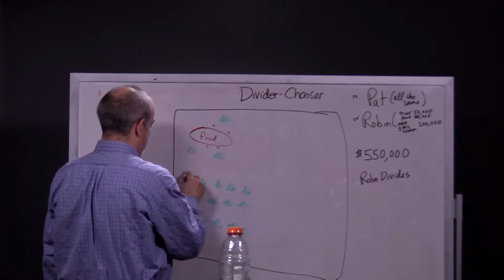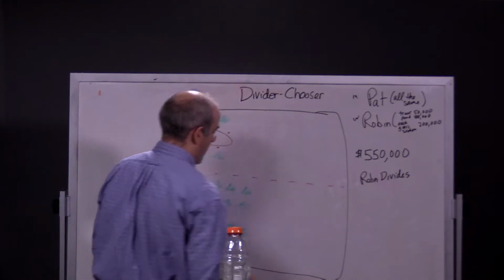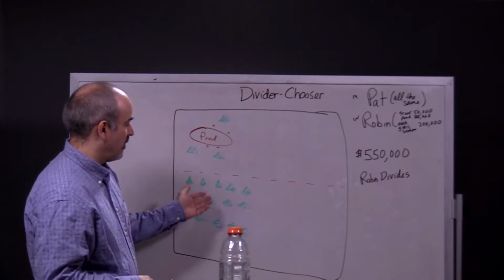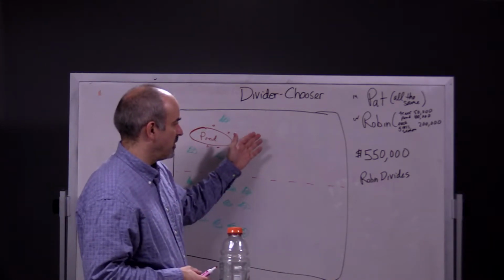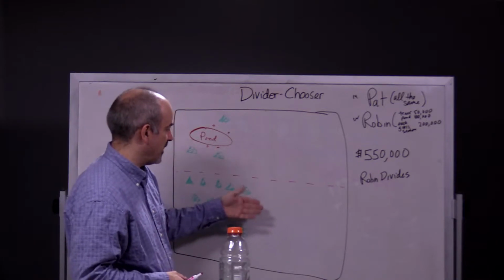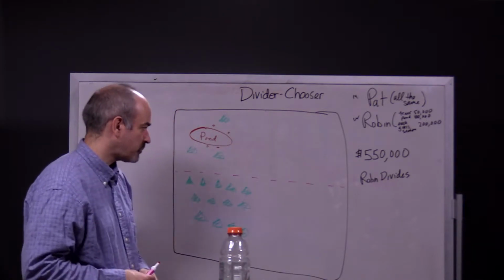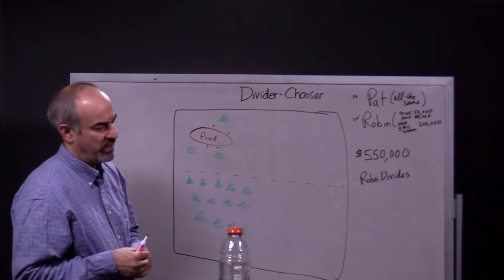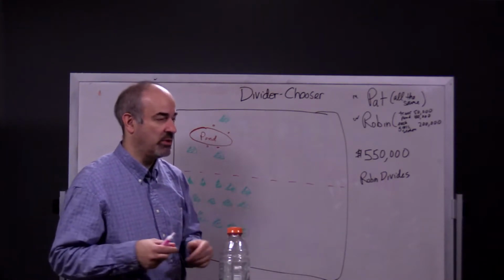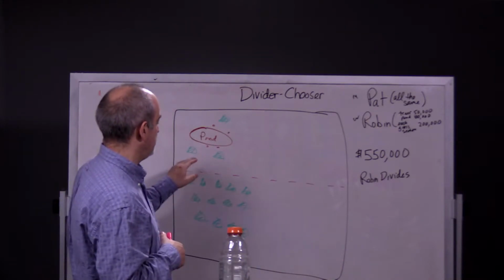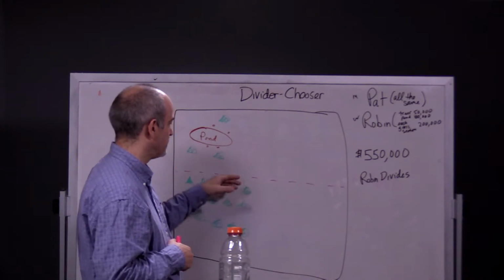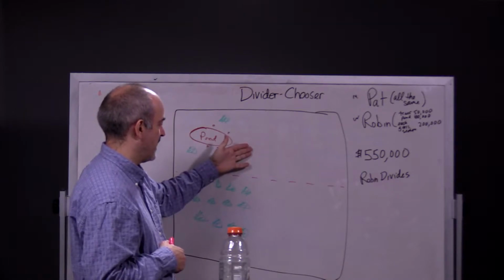What if she divided it right like that? What would happen is Pat might choose this side. We'll just do one where I divide it in a way that she wouldn't divide it. If she divides it this way, Pat might choose this side.